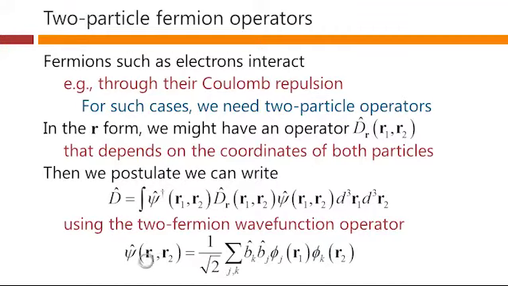These two particle wave function operators are simply this form here, with a 1 over root 2 because it's two particle. Later on we're going to presume we can generalize this to multiple particle wave function operators with many more than two. But at least if we have two, we can write down this form and see how things work out.